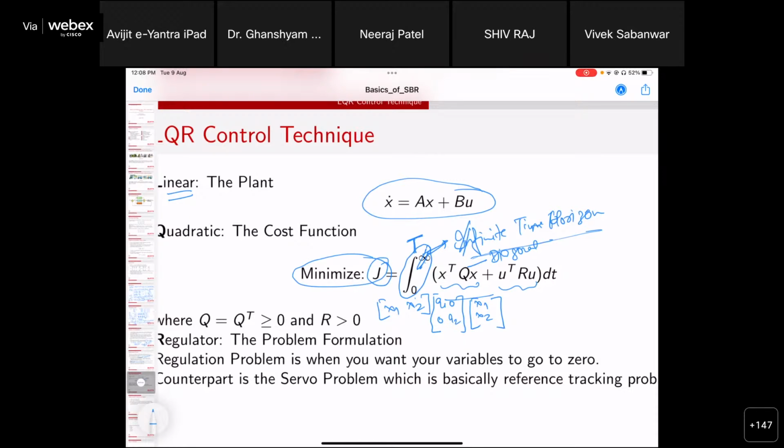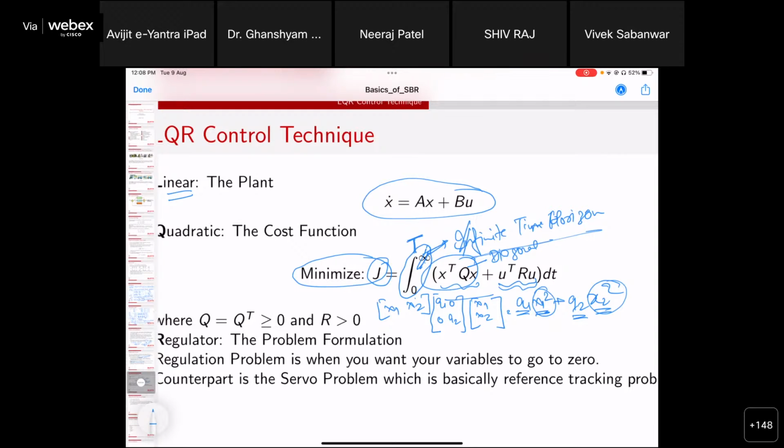This is your diagonal matrix Q. If you do the mathematics, this will become q1 x1 squared plus q2 x2 squared. So see, these are quadratic in nature, and q1 and q2 are the weights you are deciding on those quadratic functions, that is, what weight is given to which state. Correct? So this is basically the quadratic cost function.